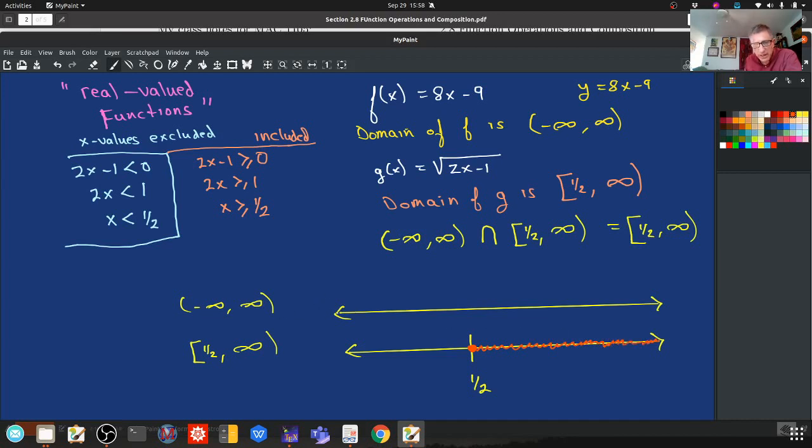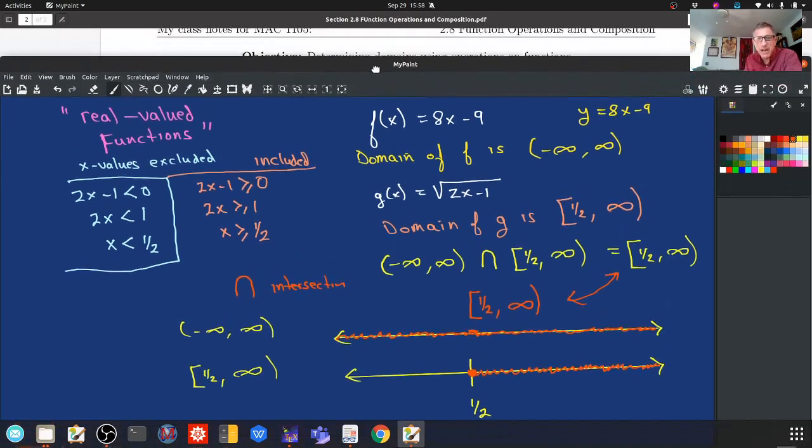Over here, everything's included. So when we take the intersection of the two, we only take the portion of the number line where both the top and the bottom are shaded. So since 1/2 is included in the shaded part, and then everything on to infinity, by taking the intersection, remember, the symbol for intersection is this. We get the exact same result.